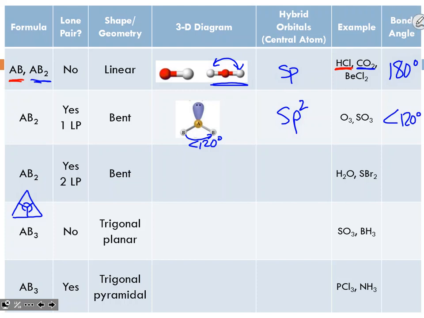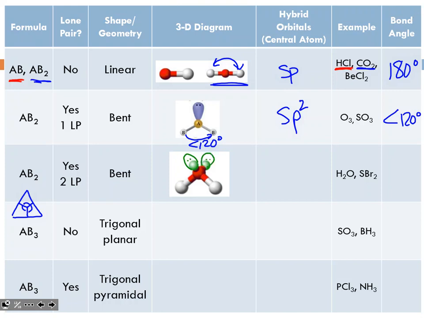Now let's look at the other bent. The one that you're very familiar with because water is an example where you have the two lone pairs. We also have the sulfur dibromide there. All right, so here the green parts are simulating lone pairs. Okay, so these are your lone pairs here.